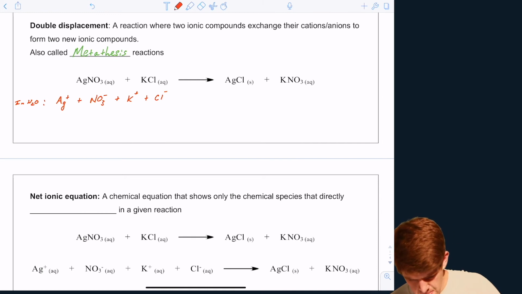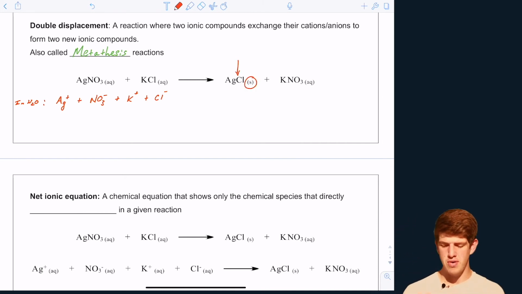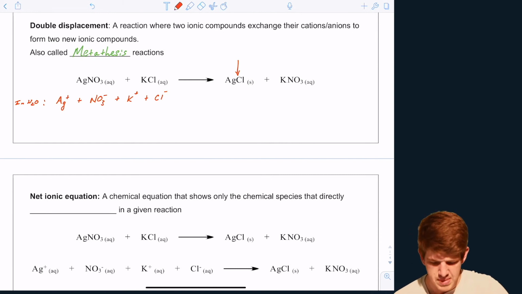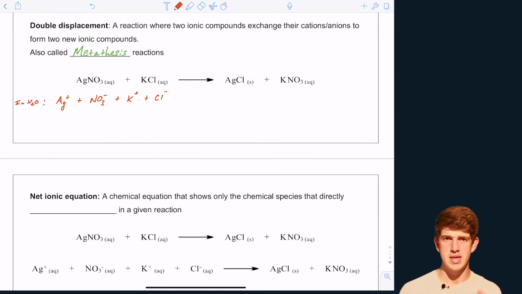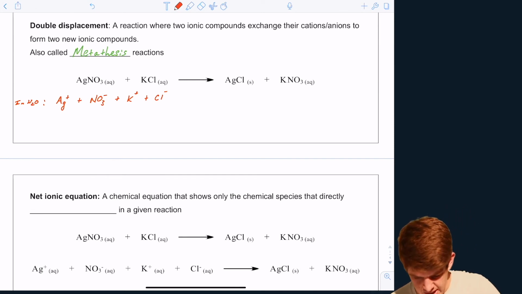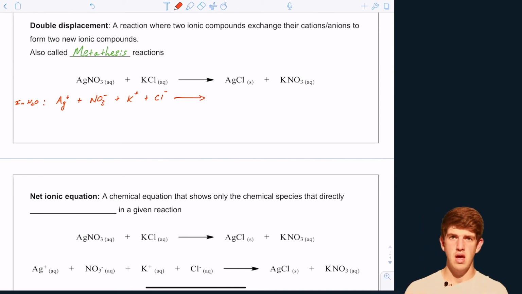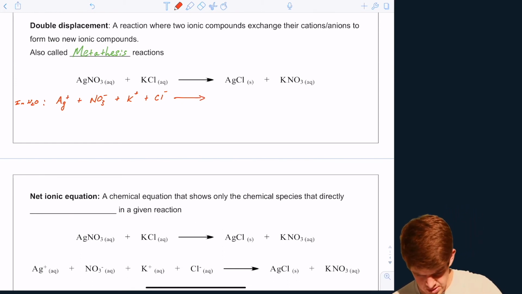But one of my products is a solid. So now that I have a solid, it means that 2 of my reactants suddenly became a solid. They came out of solution. And those 2 reactants were Ag and Cl. So after this reaction happens where AgCl becomes a solid, let's talk about what's going on in H2O.